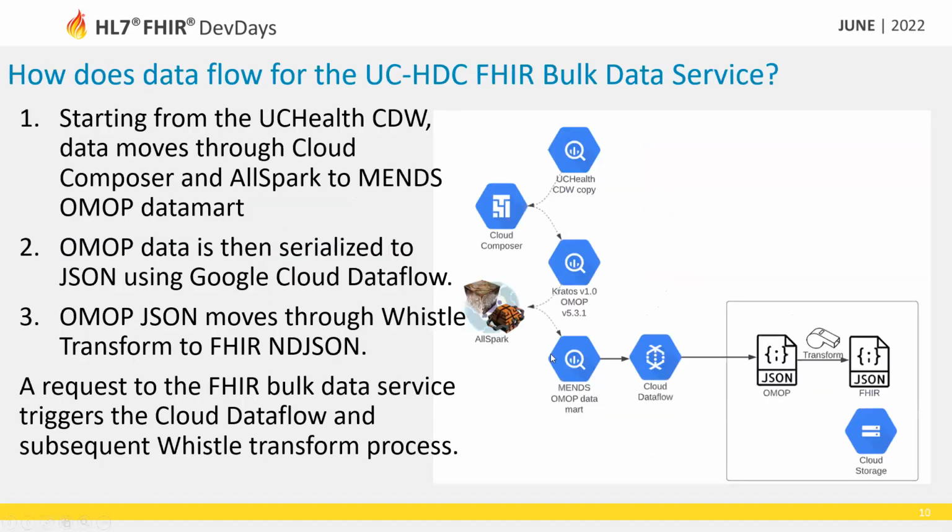The cloud data flow process is executed, and then the whistle transforms. So the JSON gets generated when the OMOP data is ready. The process is really focused around using the bulk FHIR data. The service only provides access to bulk data. So it's an interesting application, right? It's very limited to access to bulk data and bulk data only.